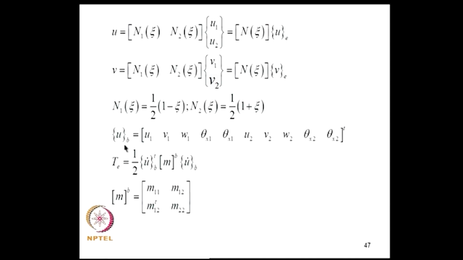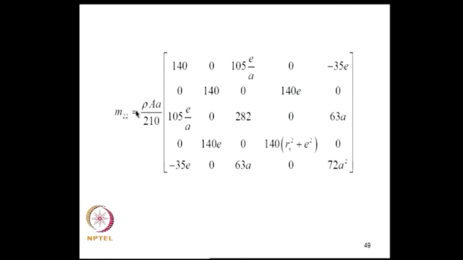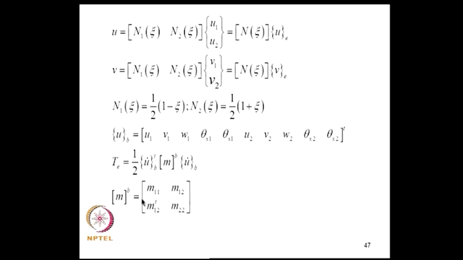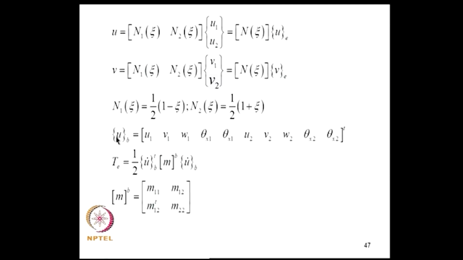For bending action I have these degrees of freedom, and I get the mass matrix for bending given by this. The B is for beam element, and these are the elements M11, M12 and M22 which appear in this matrix. Basically we are considering this Lagrangian made up of this and using these interpolation functions and constructing the solution.